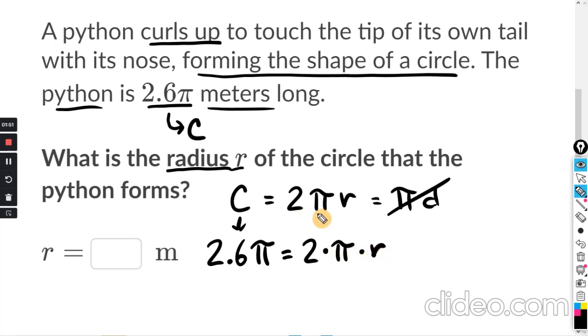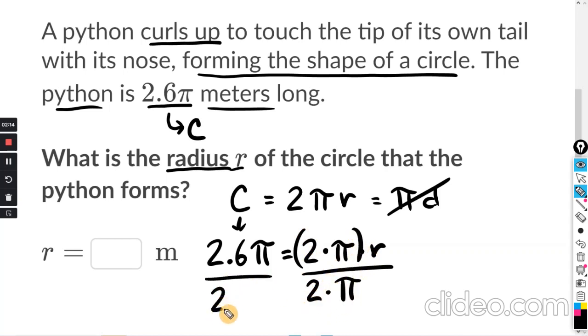Okay, these terms are each multiplied by each other. And in order to solve for r, the opposite of times pi is divided by pi. The opposite of times 2 is divided by 2. So instead of r times 2 pi, we're dividing by 2 pi, and you want to do that to both sides.